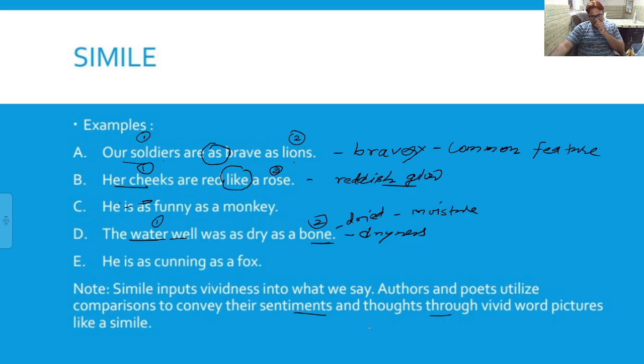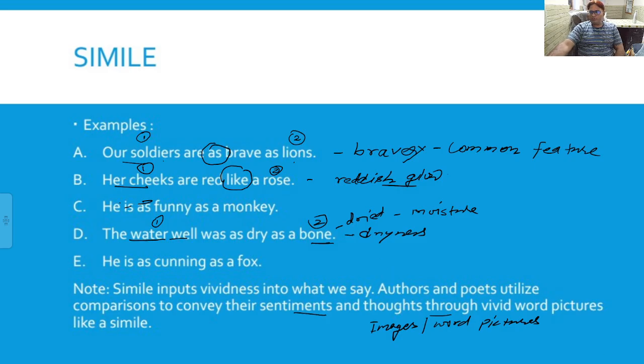So images are created, word pictures are created, and these images and pictures always help the readers to understand the meaning of what the authors and poets are supposed to convey or express through these lines. So, in this way, I think that you must have understood simile.